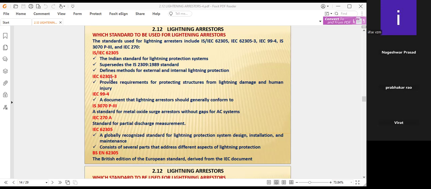The IEC 62305-3 version provides requirements for protecting structures from lightning damage and human injury. This standard tells us not only about the installation but also provides the requirements for protecting structures from lightning damage and human injury. Some of the first aid methods also will be covered.